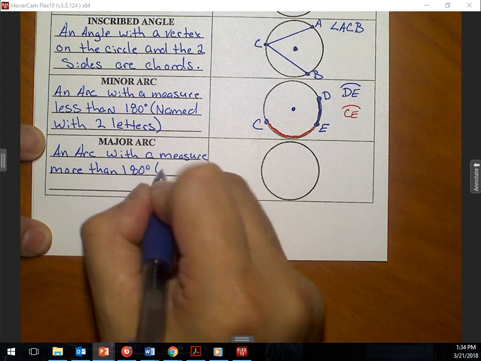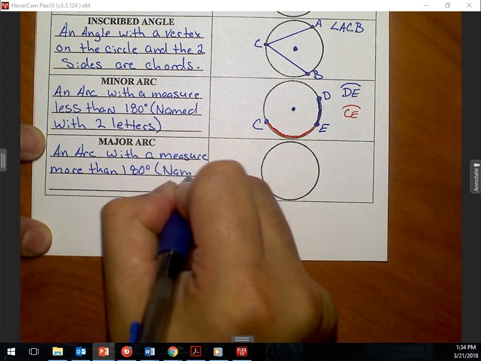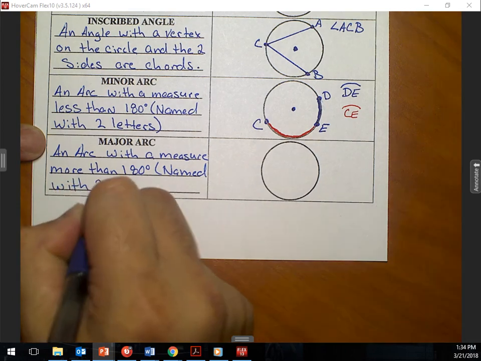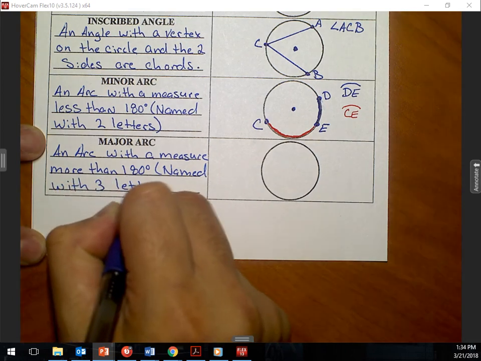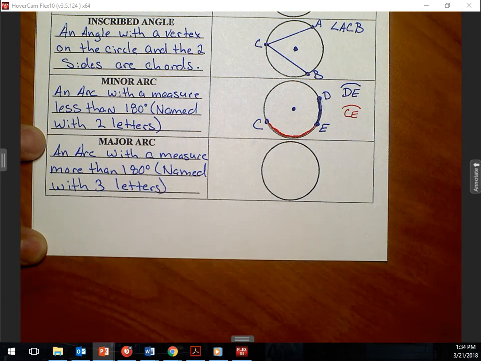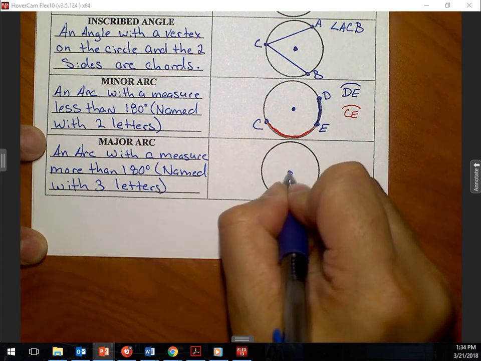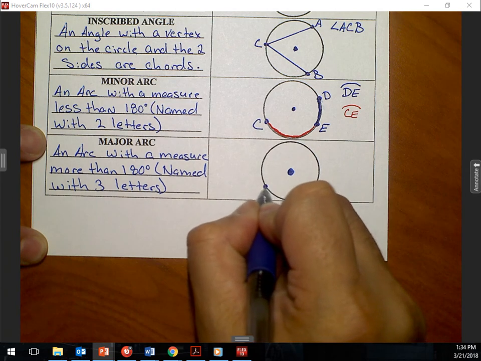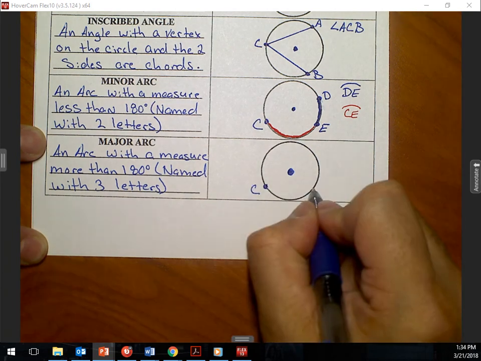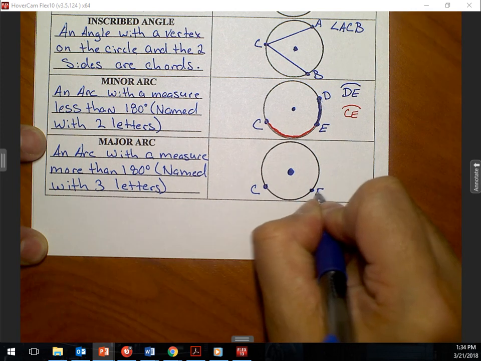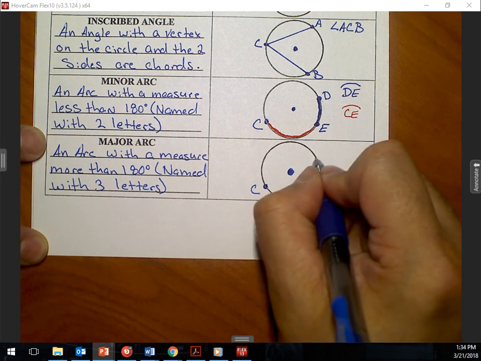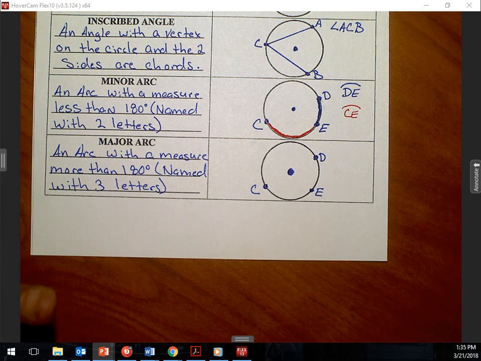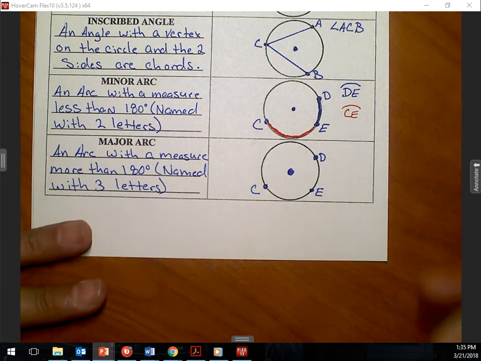And this one is named with 3 letters. So I'm going to put my center right there. Have my C. Have my E. And then put the D right there.